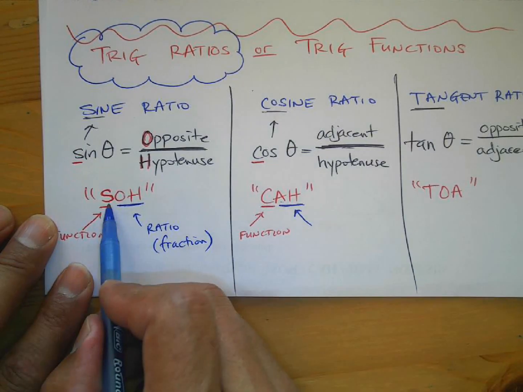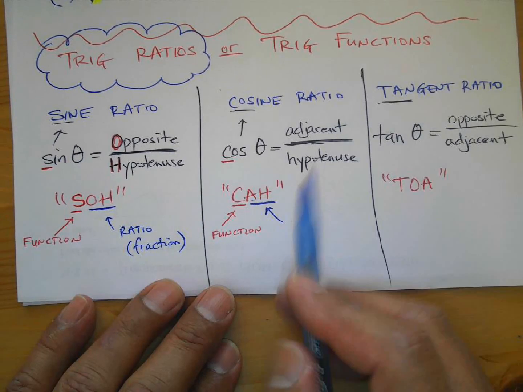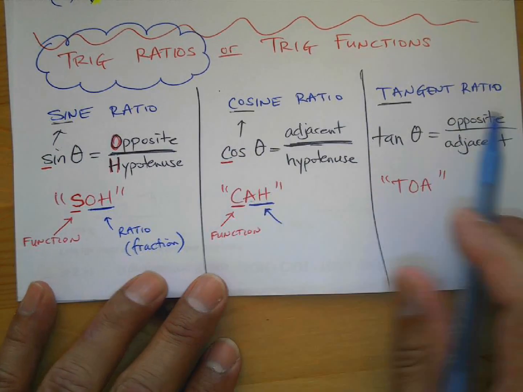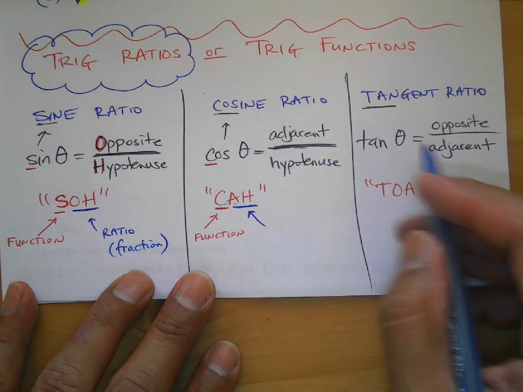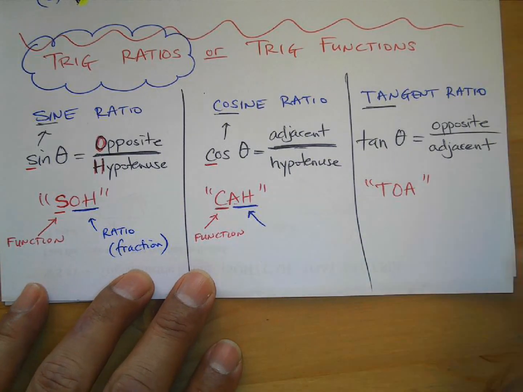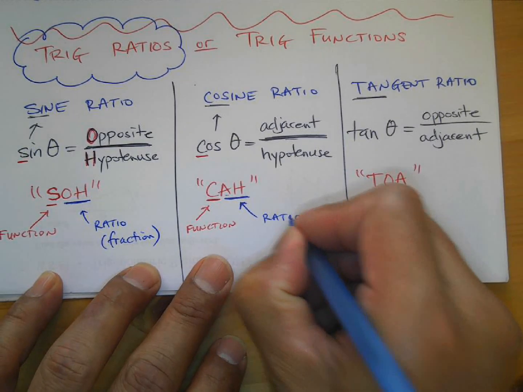Which function starts with an S? Sine. Which one starts with C? Cosine. Which one starts with a T? Sine, cosine, or tangent? There's only three. Tangent. Okay, so this is your ratio or fraction.